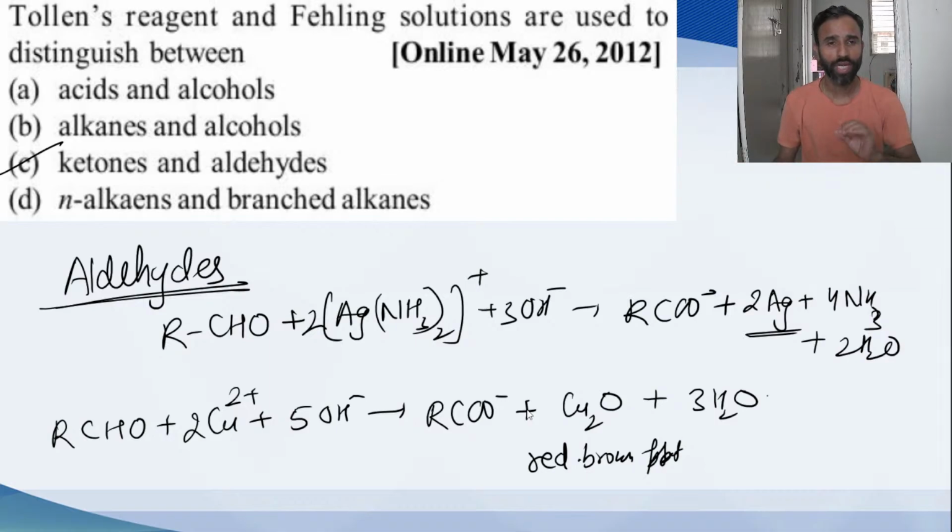But only aliphatic aldehydes give Fehling's solution test. Even aromatic aldehydes will not give this test. So ketones do not give this test as well. That's why Tollens test as well as Fehling's solution test both are used to distinguish between ketones and aldehydes.